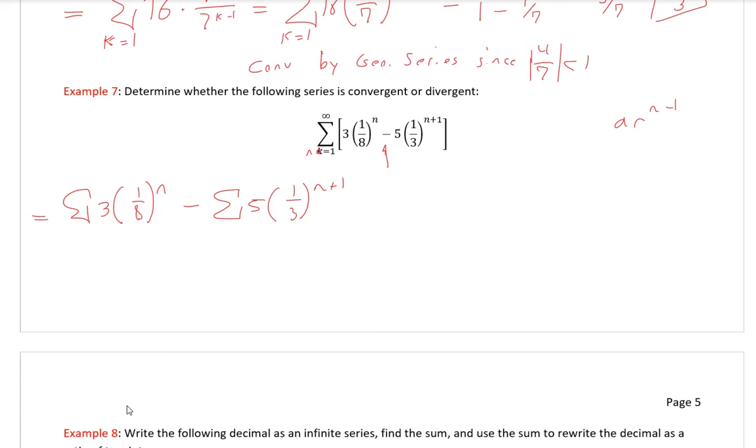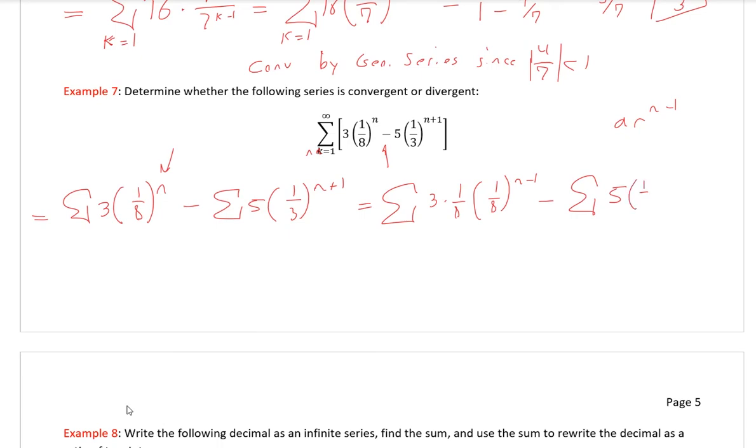Again, don't jump on it yet, because we need to make it look like this before we evaluate it. For the first one, I just need to take one of those eighths out, and I have 1 over 8 to the n minus 1. But for the second one, I have n plus 1, so I have to take away 2.